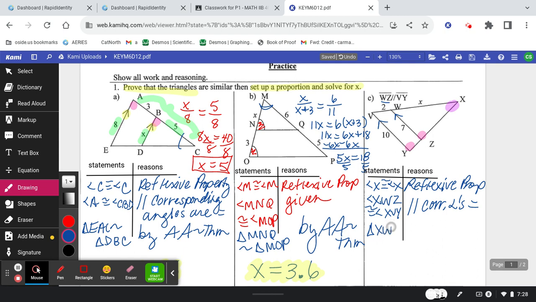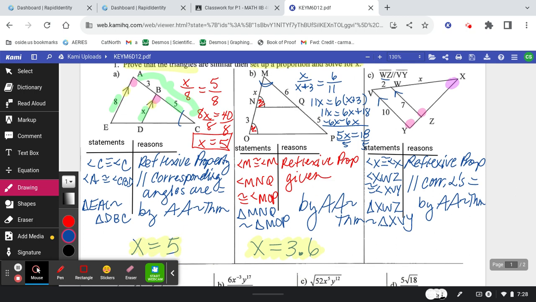Triangle XWZ is similar to triangle XVY by AA similarity theorem. Now I can set up my proportion and solve. Small is to big as small is to big. I'd go x is to x plus 2 as 7 is to 10. Cross multiply.